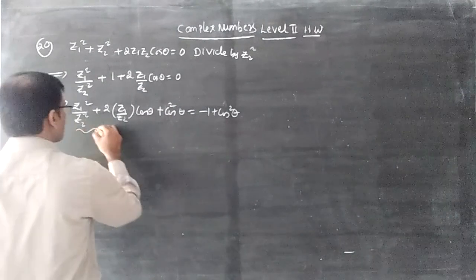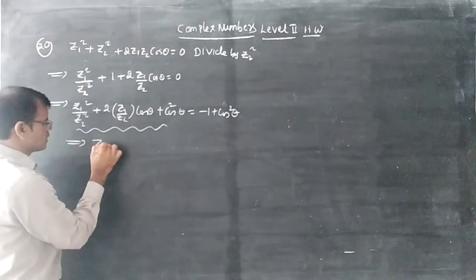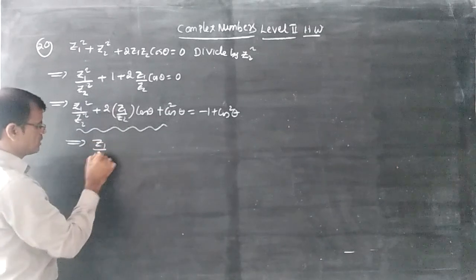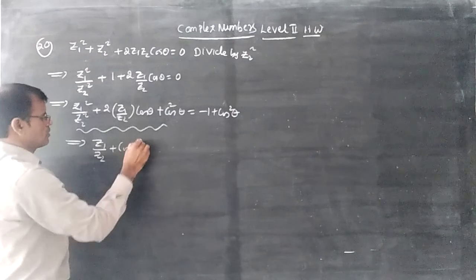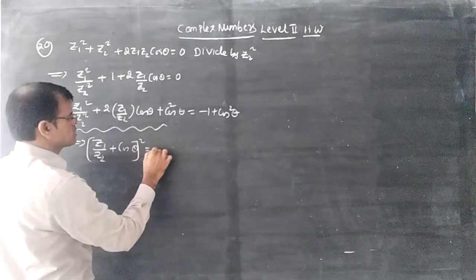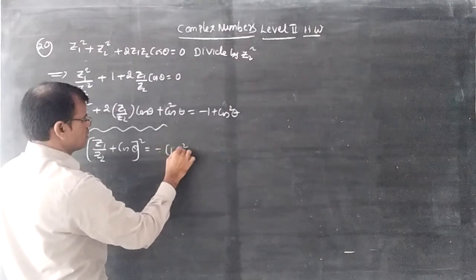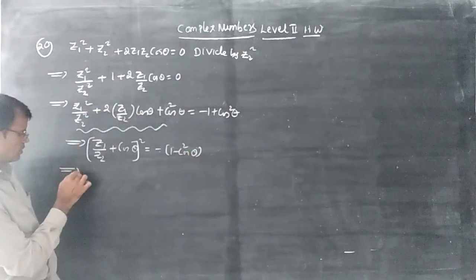Now this is of the form a square plus 2ab plus b square. So you can understand this is Z1 by Z2 plus cos theta whole square, equal to minus taken common, within the brackets you can write 1 minus cos square theta.